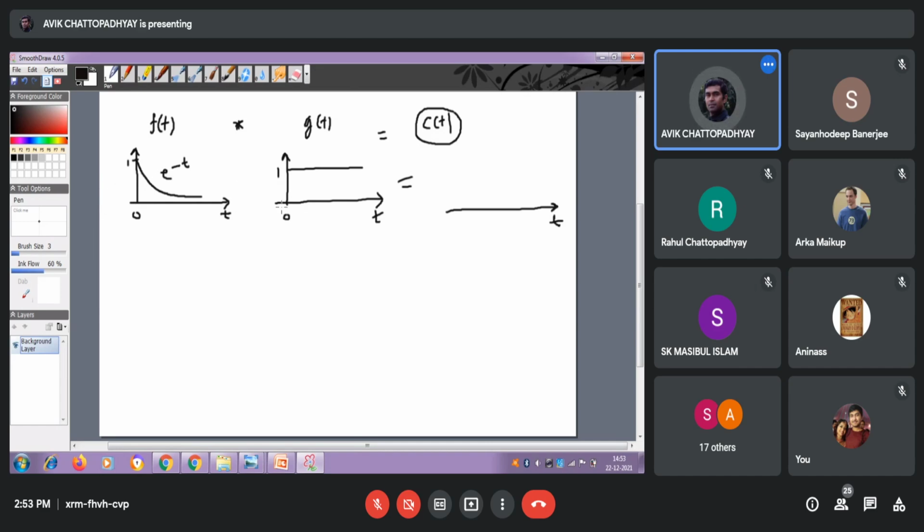And just at that point, whatever multiplication you do will correspond to CT equals to C0 actually. So just tell me, after flipping, are you getting any common region which you can multiply and then integrate? No. That will give you 0. So at t equals to 0, it is precisely equal to 0.